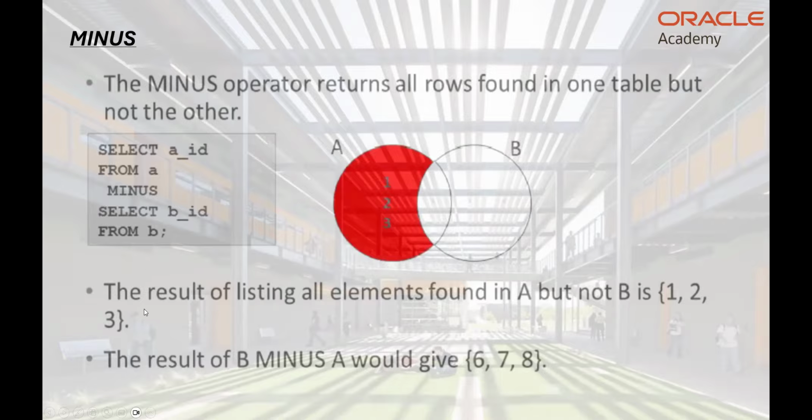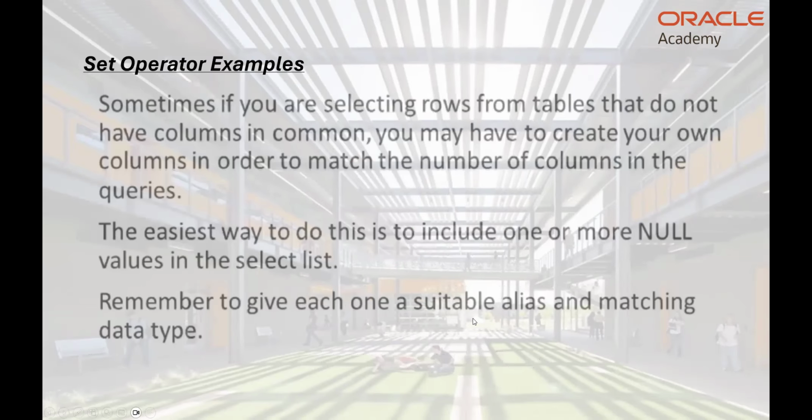So our result would be just 1, 2, 3, because those are the only values associated with this table only. If you reverse that and say B minus A, you would get 6, 7, 8. So there are four set operators, and I'm going to go through some examples: union, union all, intersect, and minus.